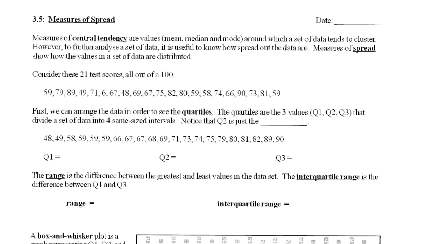So I want you to consider these test scores. The test scores are 21 test scores, and they're all out of 100, right? Now, normally what we would do is we take all that information and organize it from least to greatest so that we could figure out the mean, median, and mode, right? Now, here's what we're going to do.